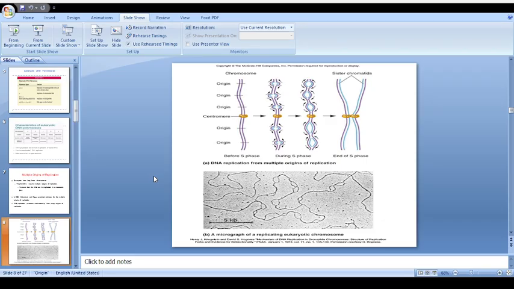So both the sister chromatids are copied by the process of our replication. This is a micrograph of a replication which is showing multiple origins of eukaryotic chromosome.